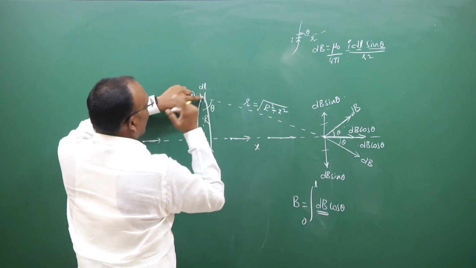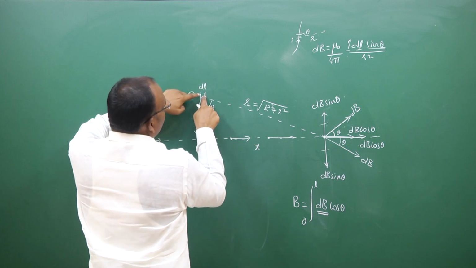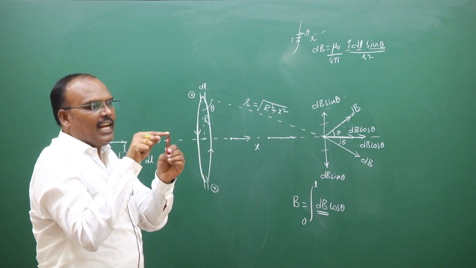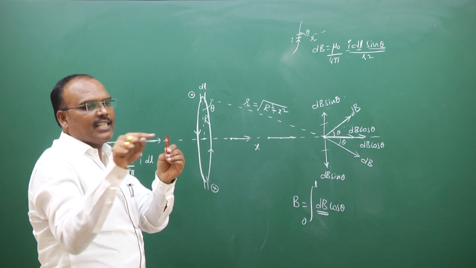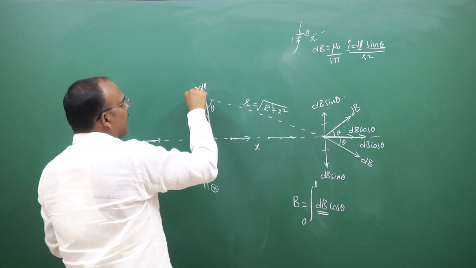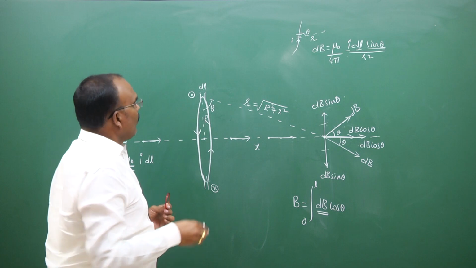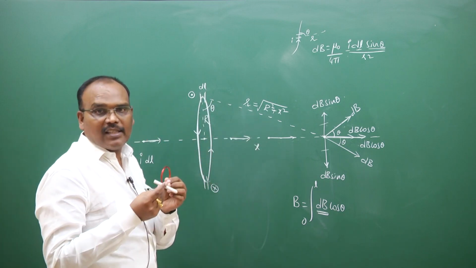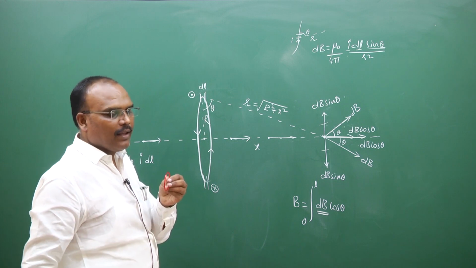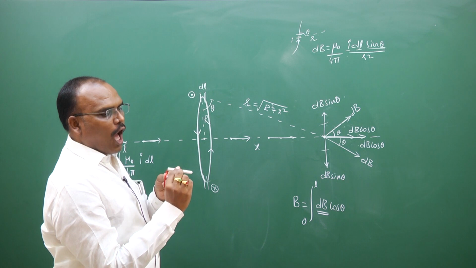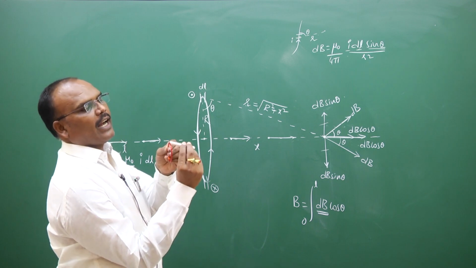Here current is out of the plane of the board. dl is like this. That means this portion dl is in this direction, current also in this direction, so I dl will be in this direction, but r is this. See here carefully, this is a very important point. This is the axis. I am joining r like this from the conductor.